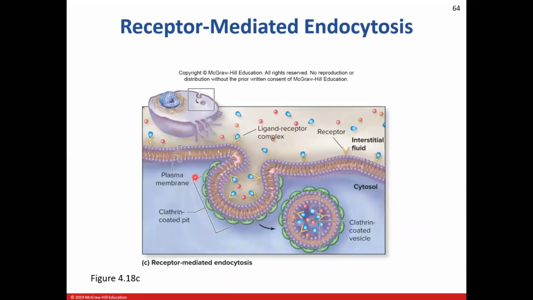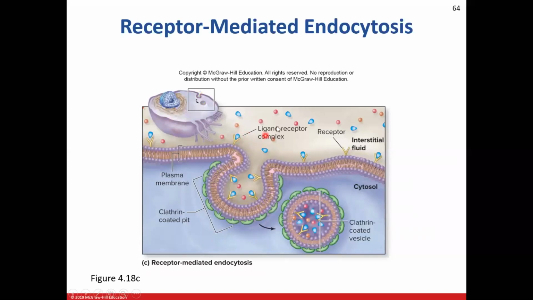So here's our example of receptor-mediated endocytosis. Here you'll see that we have this clathrin-coated pit, and it forms a clathrin-coated vesicle. Again, you'll see that here we have our ligand-receptor complex, in which a specific substance comes in onto the receptor, so only certain things are going to be able to get in.